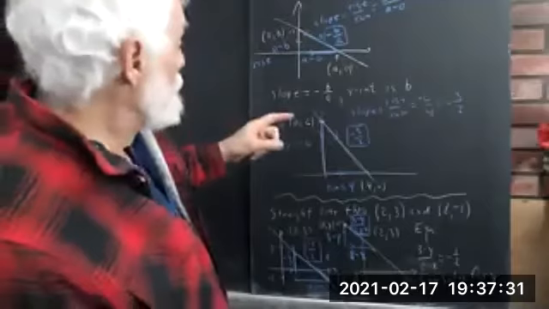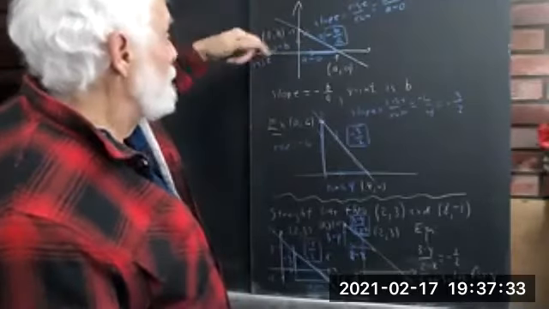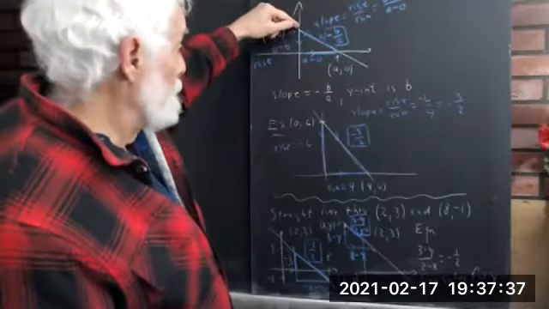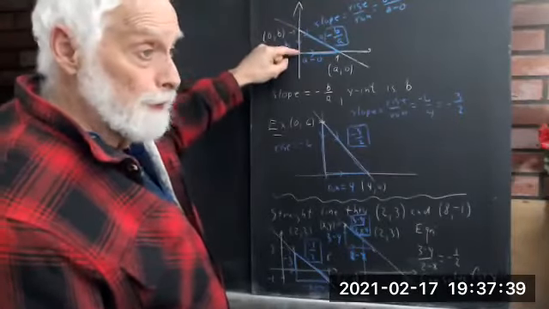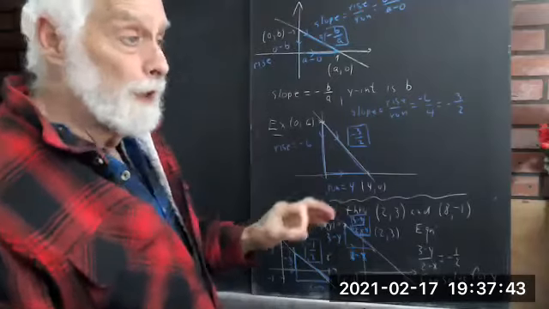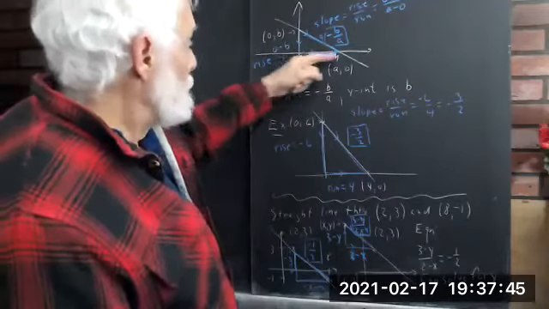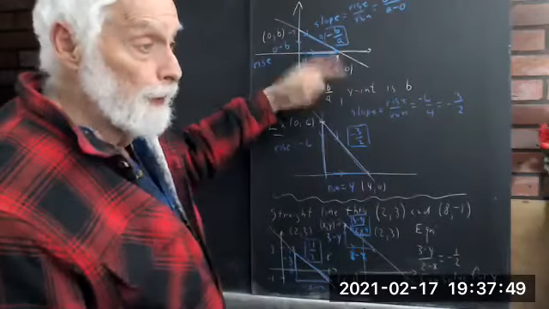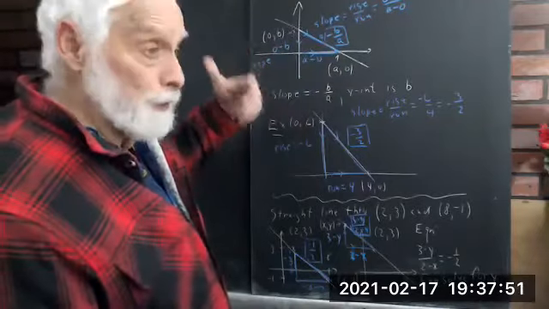And this triangle has a rise of negative b. You can see that here the y coordinate is b, down here the y coordinate is 0. So you have a change in y of negative b, that's your rise. And a run of, well, you're running right along the x-axis from 0 to a. The run is just going to be a.